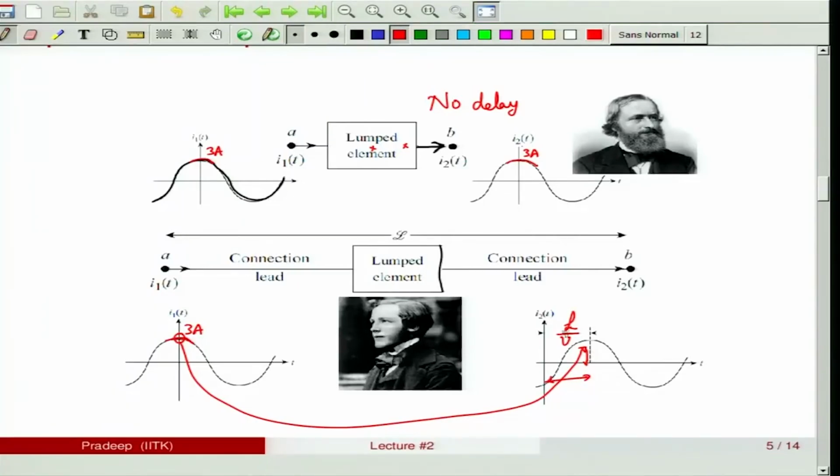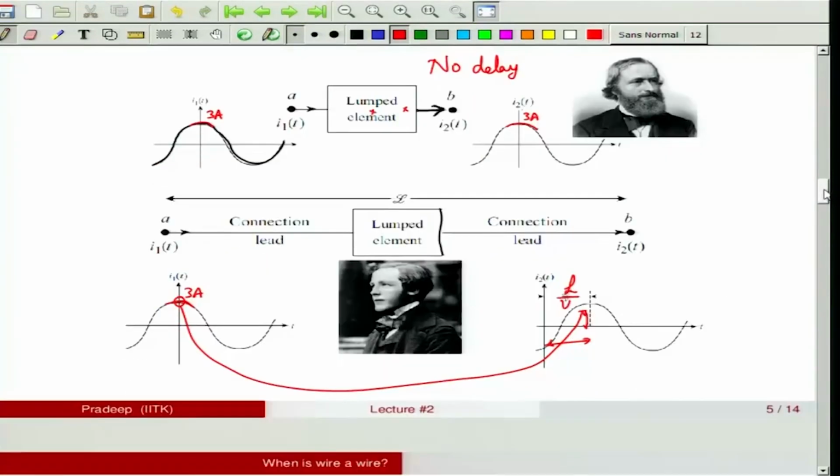So, this was the difference between a lumped circuit element and a connection lead.